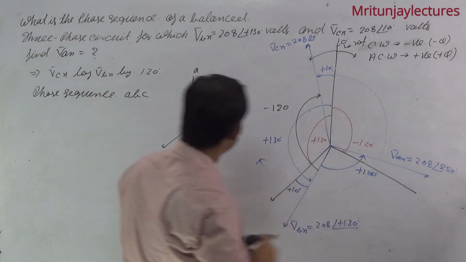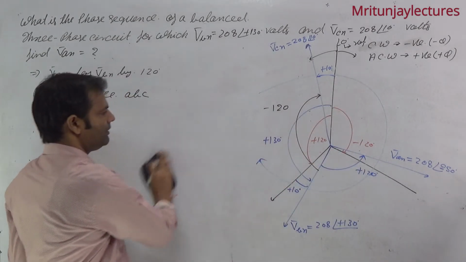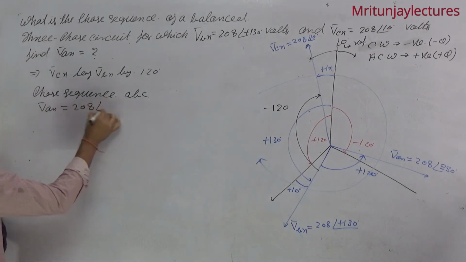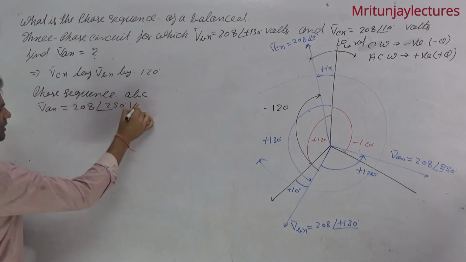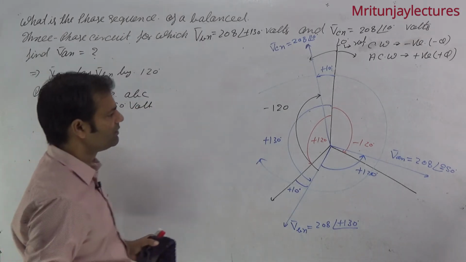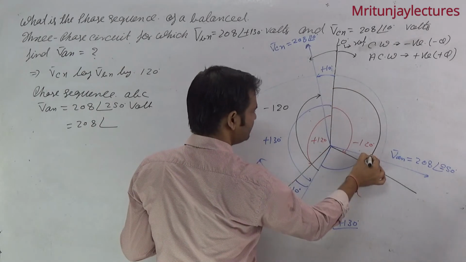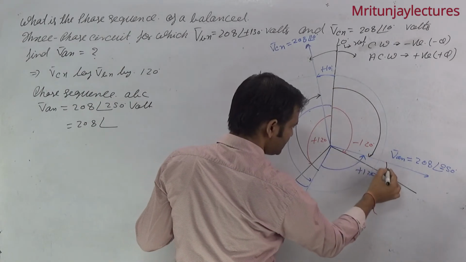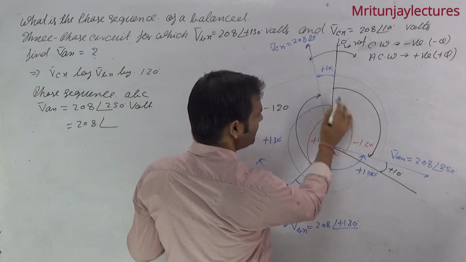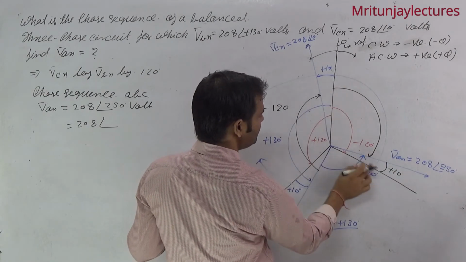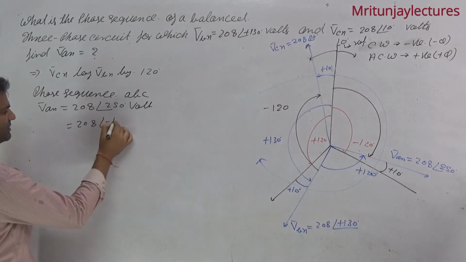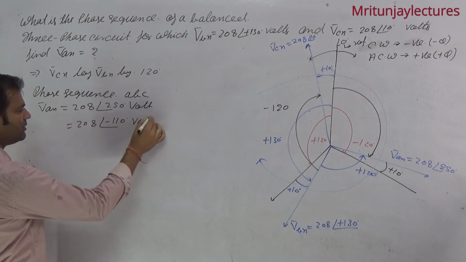Another way. What about VAN? Finally we got 208 at the angle 250 volt, or 208 at the angle minus 110 volt.